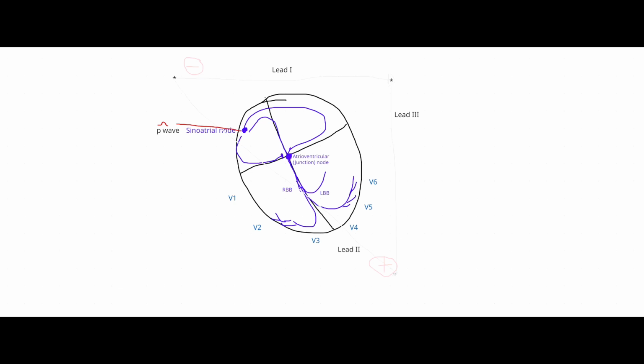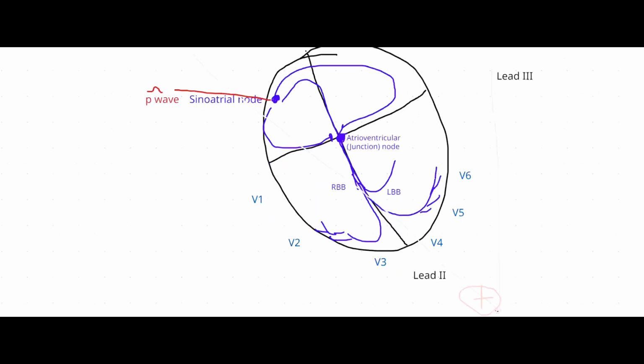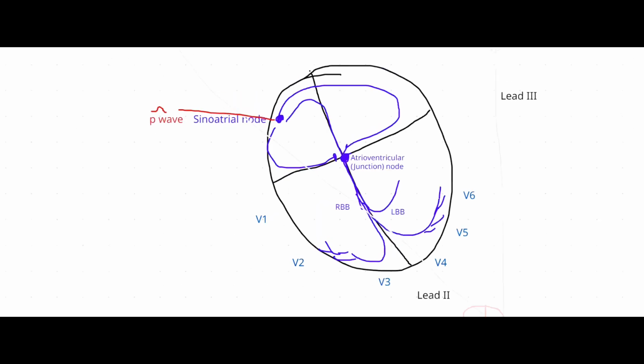As you guys get more comfortable with EKG, you'll know that this little tiny P wave may look different. And if it looks abnormal and different, that means that the conduction of the P wave did not come from the SA node. It came from somewhere in the atrium, but not from the SA node.